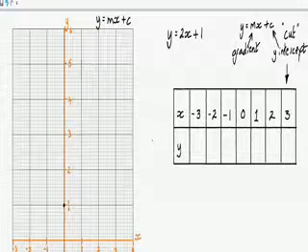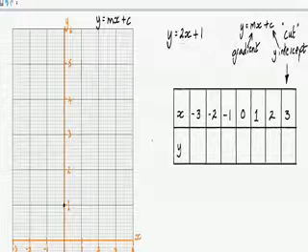So what we're going to do is substitute these values in here into that equation to find out what y will equal. So here x is worth 3, so y will equal 2x. So on this occasion 2 lots of 3, don't forget the plus 1.